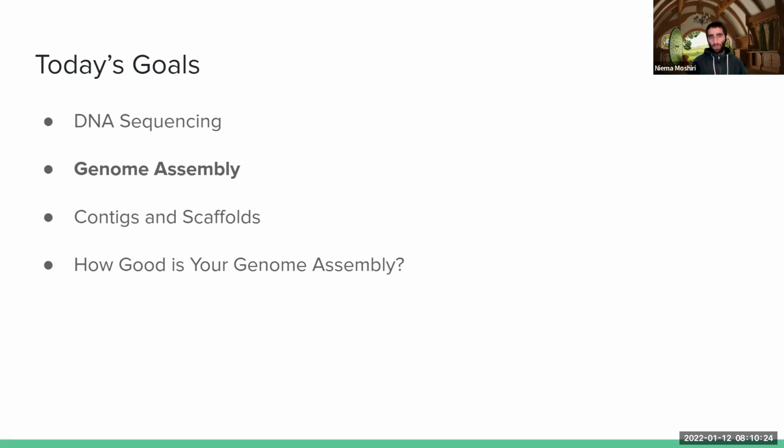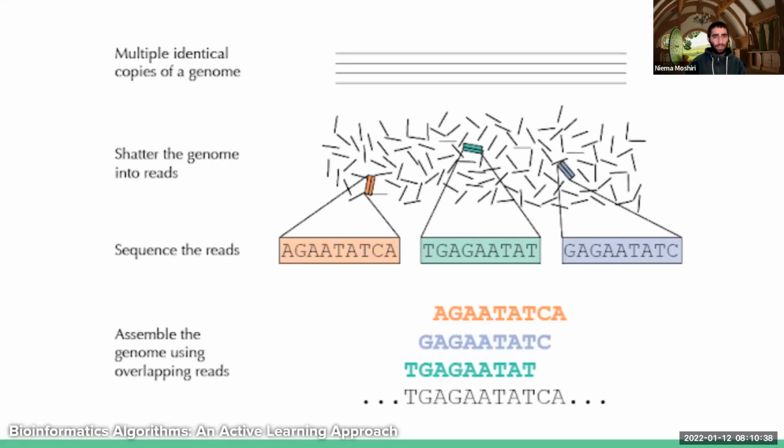My computational problem now is, how do I take these short fragments and piece them together, much like we did with the newspaper, in order to reconstruct the original entire genome? This is a computational problem known as genome assembly. Basically, we're trying to assemble those tiny fragments into the complete genome.